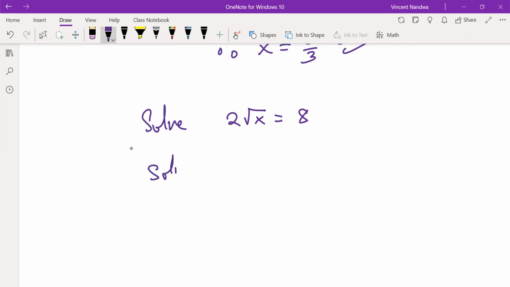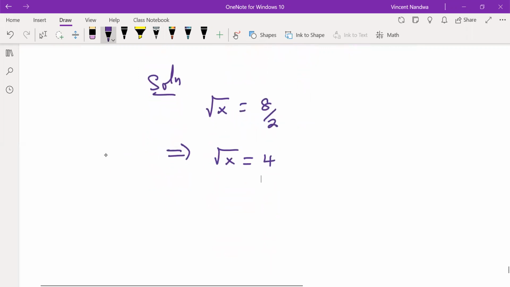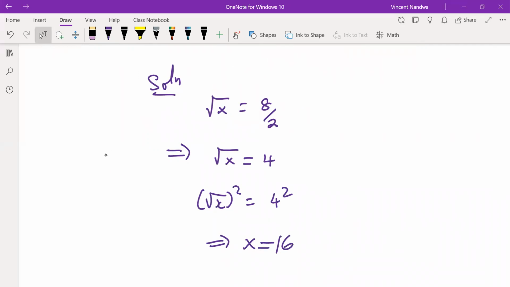So solution for this, we first divide through by 2, so we have square root of x equals 8 over 2, which means square root of x equals 4. And to remove the square root, square both sides, so x equals 16.